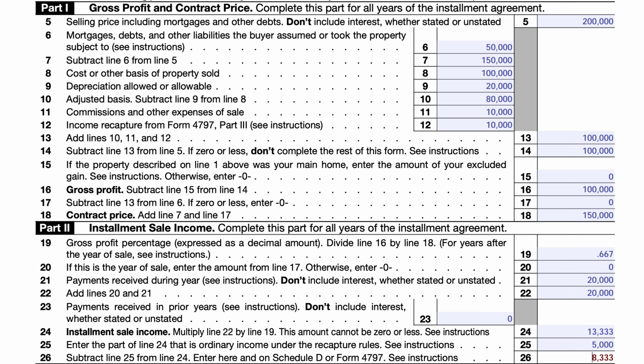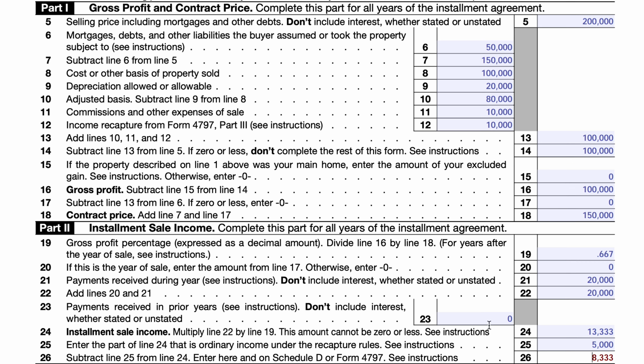So if it's just straight cash, it's going to be easy for you to figure out. If you're bartering properties or services, you're going to have to determine what you include and what you don't include in this number. You'll add lines 20 and 21, and in this case, we get $20,000.